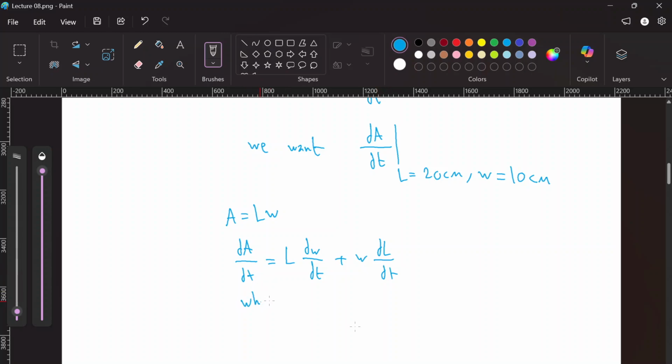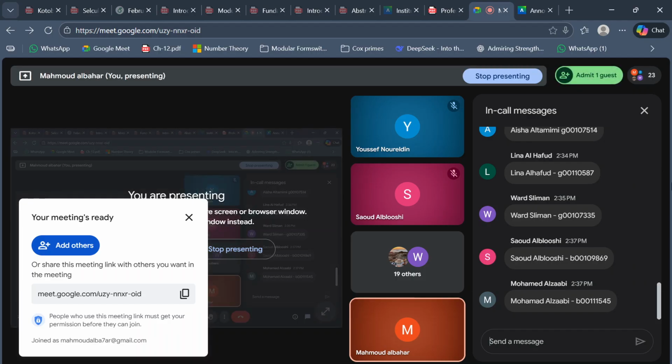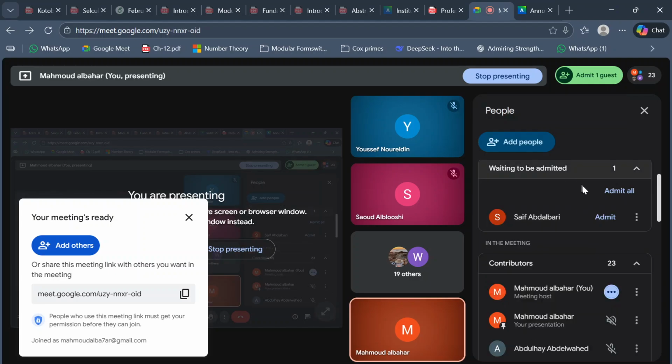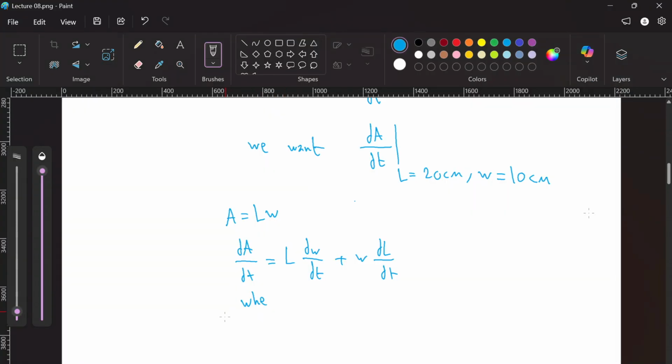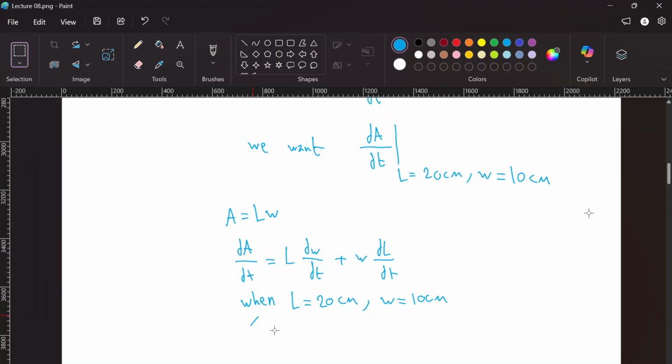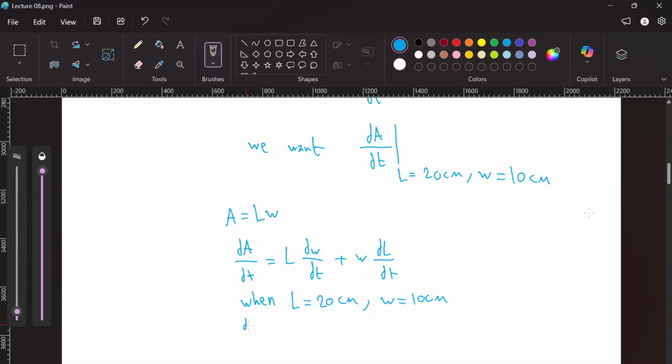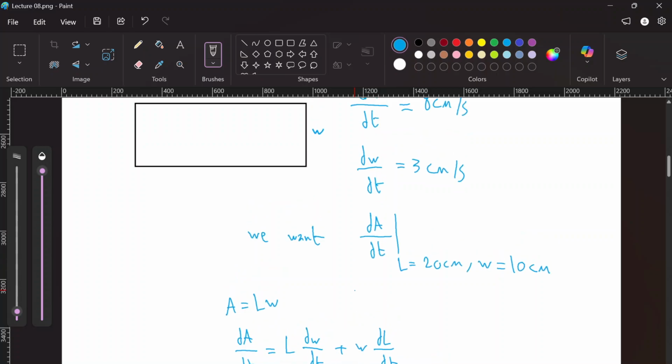Now we want to find this when L equals 20 centimeters and W equals 10 centimeters. So let's substitute this. So we have dA over dt equals 20 times dW over dt, which is 3, okay?